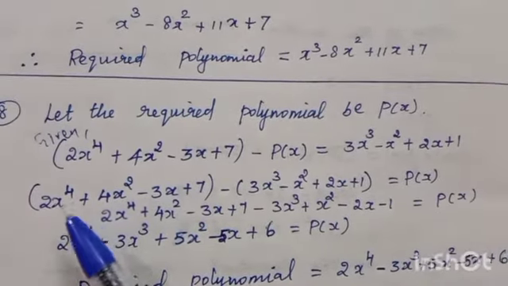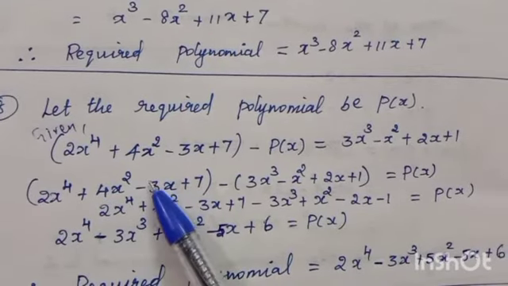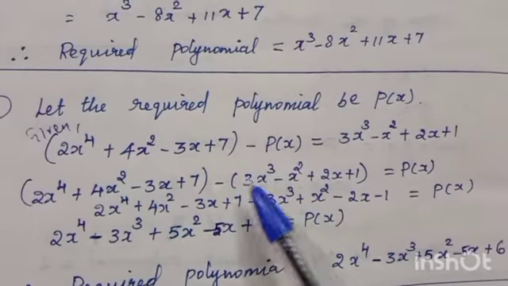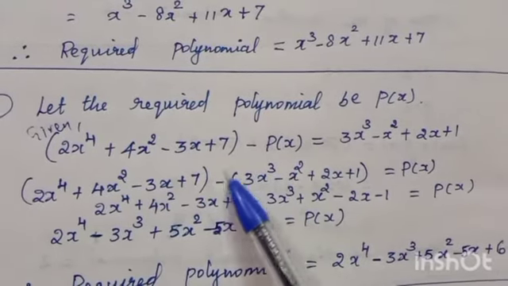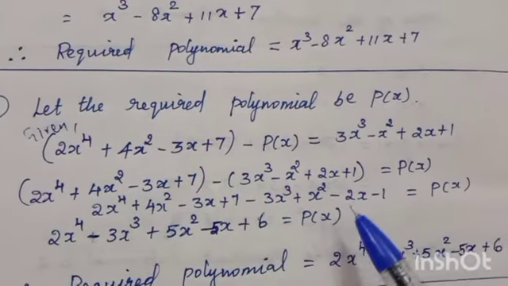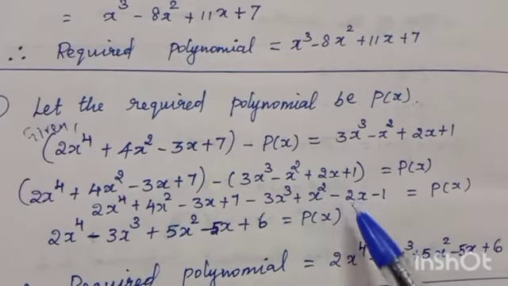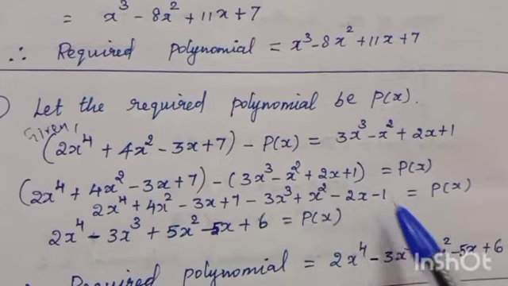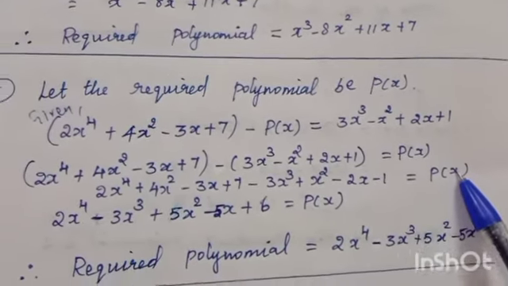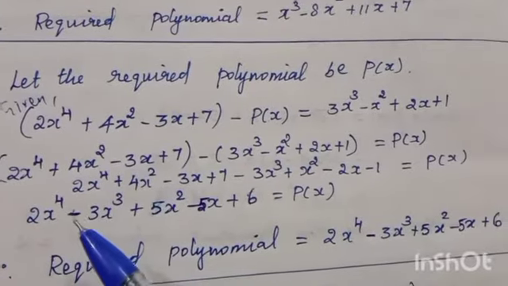Now take this minus inside: minus 3x cube, minus into minus plus x square, minus into plus minus 2x, minus into plus minus 1, is equal to p of x. Now we have to simplify the like terms.